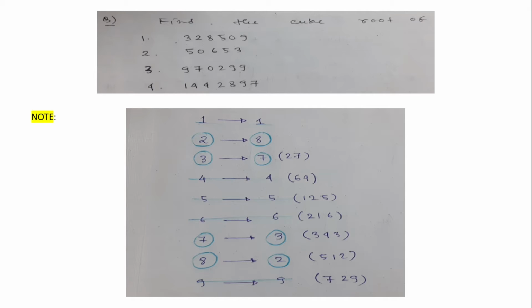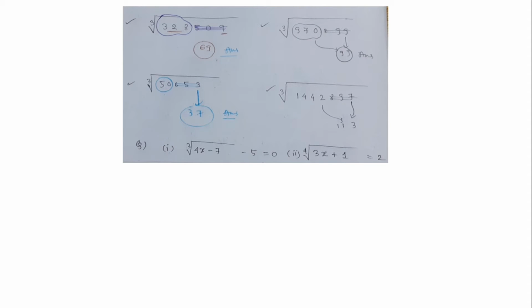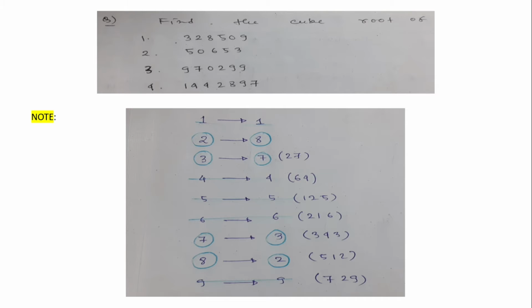And 4, 5, and 6, if we find out their cubes, we will find 4, 5, 6 respectively. Now we'll try to find out the result or solution. We have to remember this value also, like 3 cube is 27, 4 cube is 64, 5 cube is 125, 6 cube is 216, like that.